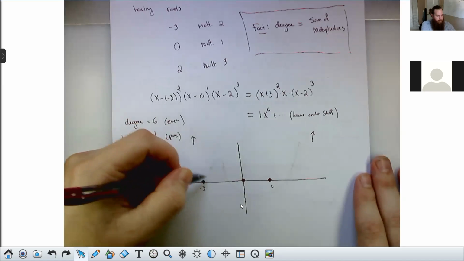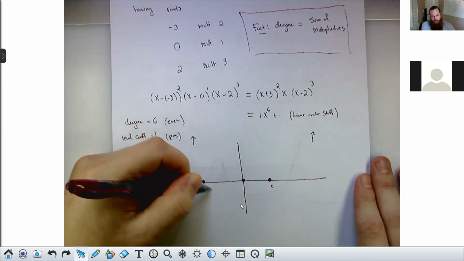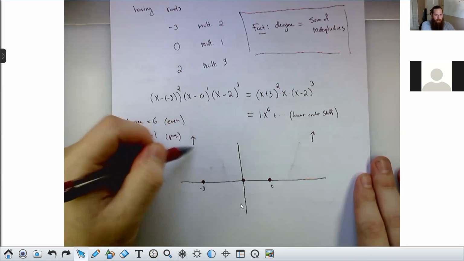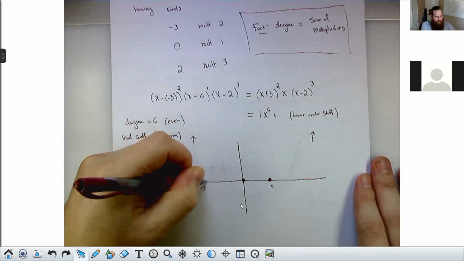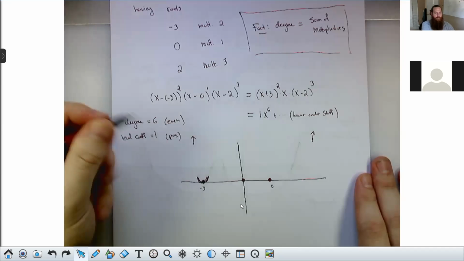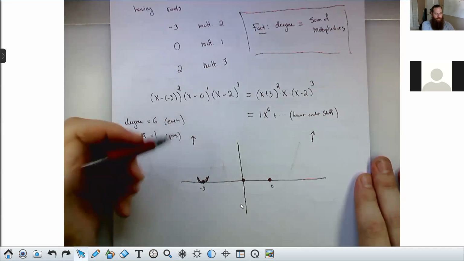Like we said, the multiplicity at -3 is 2, so it's got to bounce. And the question is, does it go positive to positive or negative to negative? Because my end behavior on the far left is positive, it has to be positive to positive. If you zoom in on this piece, it's going to look like x squared.